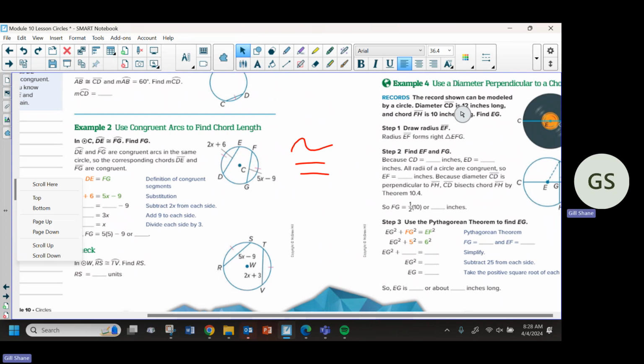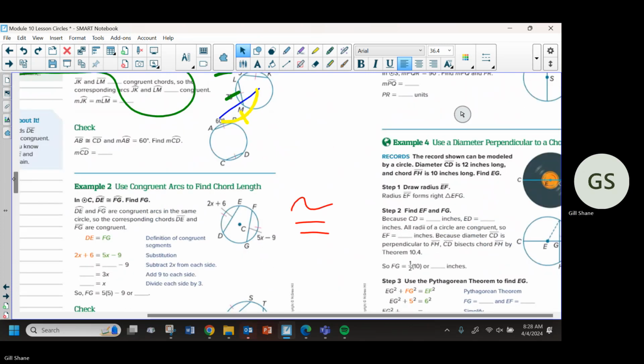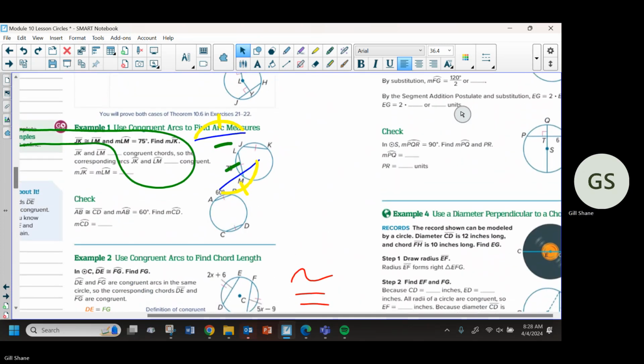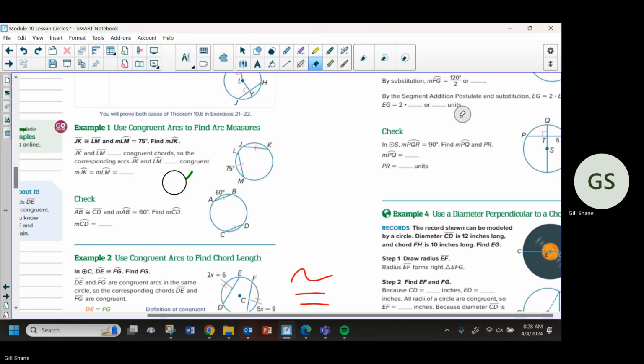Again, actually, I'll go ahead and give you a hint now. So on example 1, it says if I know line segment JK is congruent to LM, they are congruent, what's true?